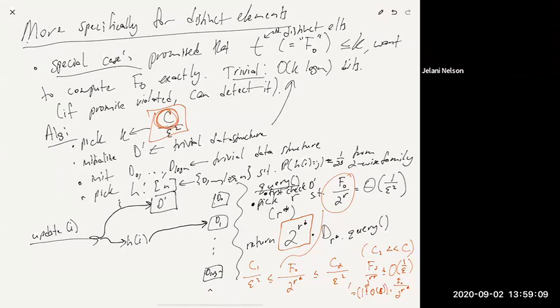We ask it, is the number of distinct elements at most K? It knows that because remember this special case, we have this trivial solution that can answer that for us. If so, D prime will tell us the answer exactly. Otherwise, if it's bigger than K, then we do this other stuff. So that's what D prime is for.